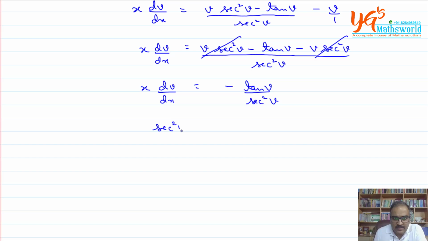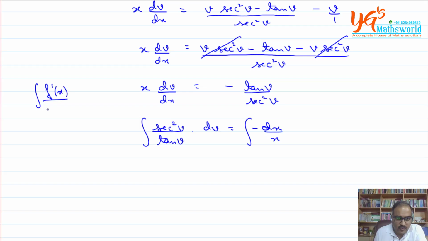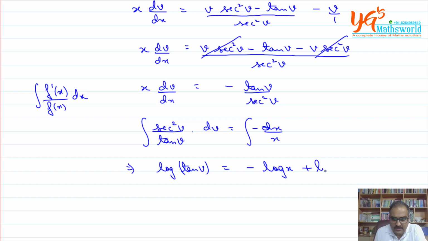Now I will apply variable separable form. So it will be secant square v over tan v into dv is equal to minus dx over x, and integrating both sides. Now applying the property of integral f dash x over f of x dx, that is equal to log of f of x, it will be log of tan v is equal to minus log of x plus log of c.